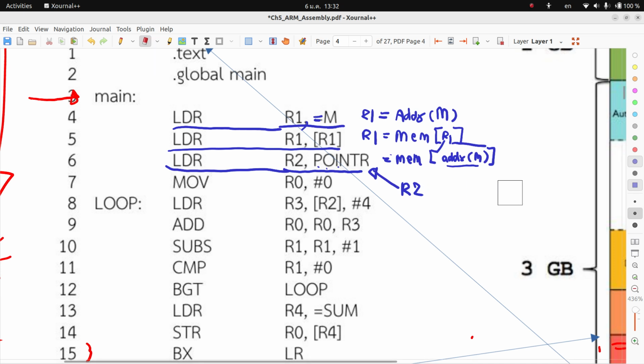Why do I know that POINTR contains the address of num?